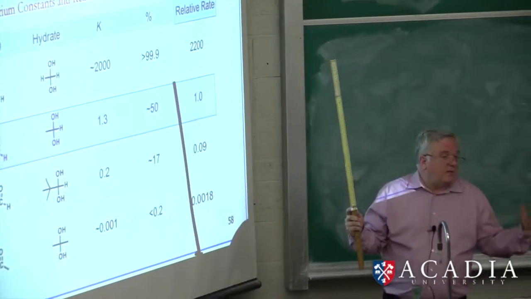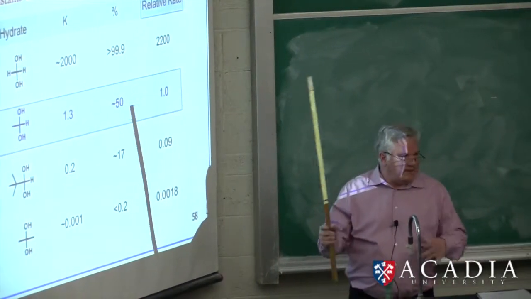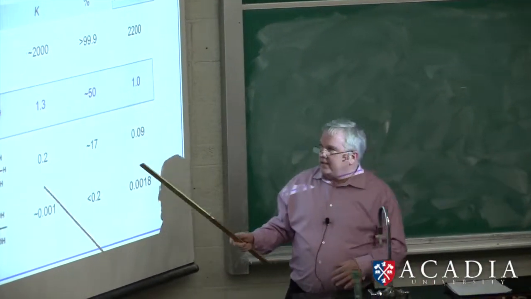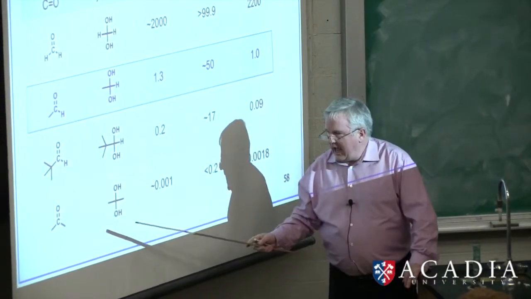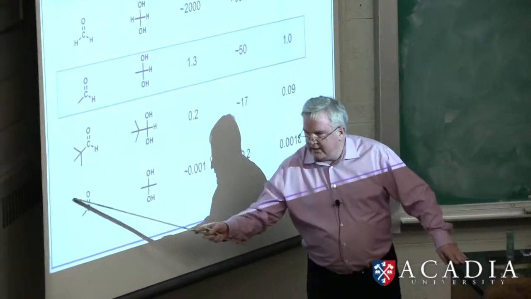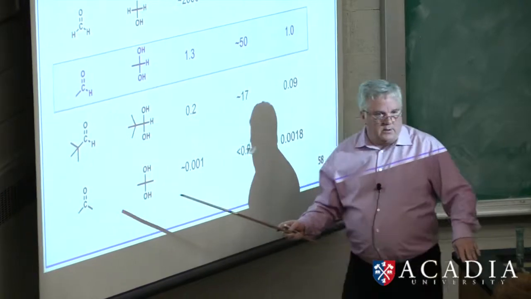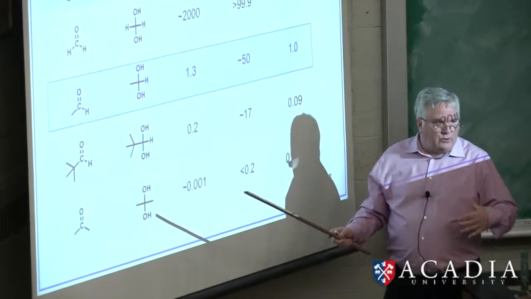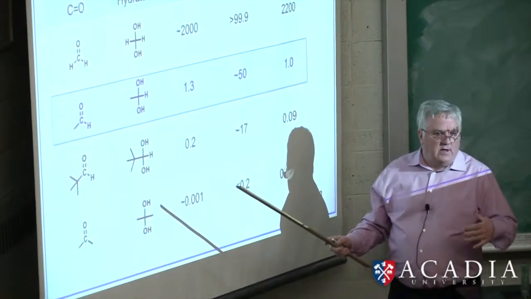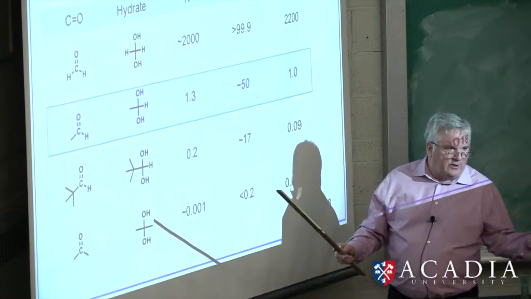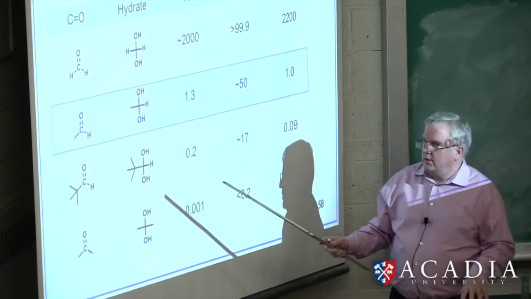Acetone, which we think about as being very miscible with water, mixes in all different degrees. Acetone down here actually exists almost entirely in the acetone form. So this coincides with what we talked about in terms of the reactivity of aldehydes versus ketones.